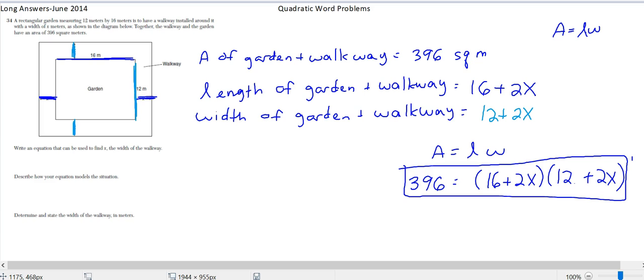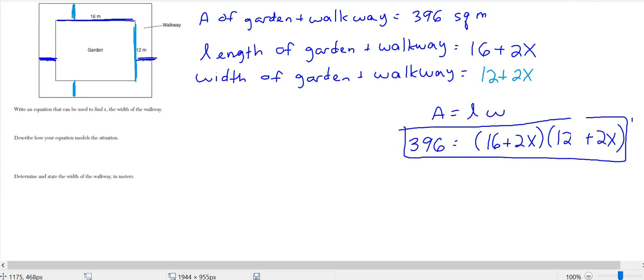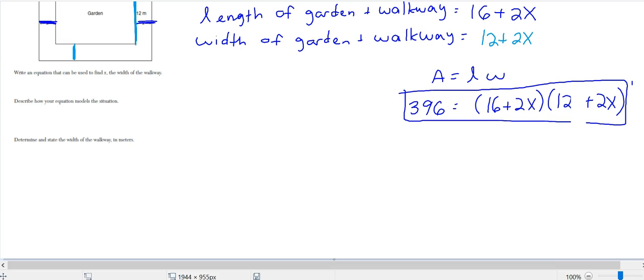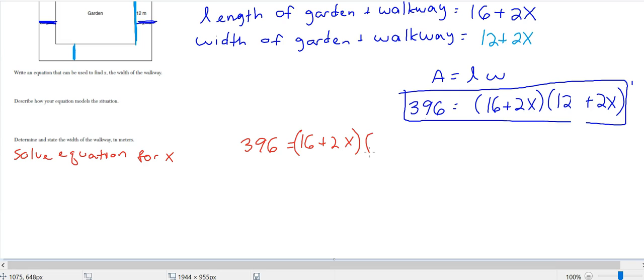So now they want us to solve this equation to find the width of the walkway, which is x. So basically what they want us to do is solve the equation for x. So let's do that. Our equation is 396 is equal to 16 plus 2x times 12 plus 2x. The first thing we want to do is FOIL the right-hand side of the equation.